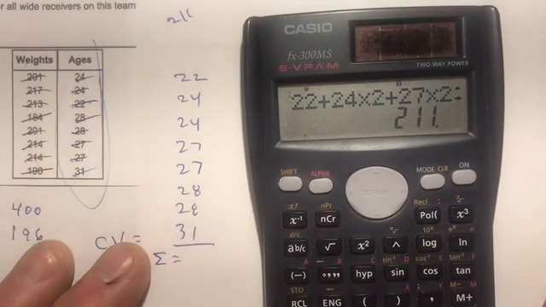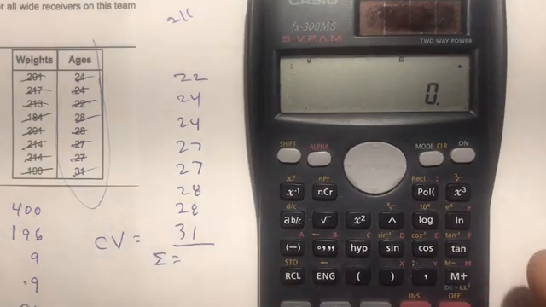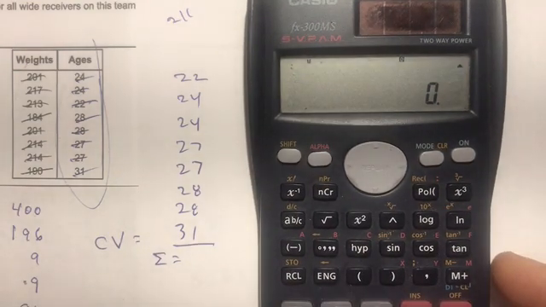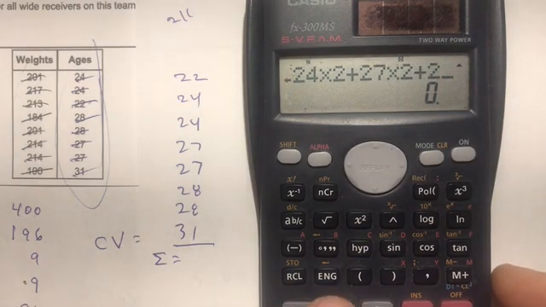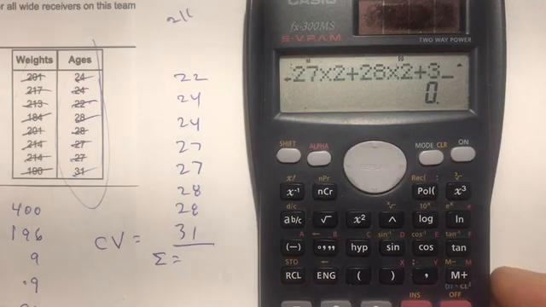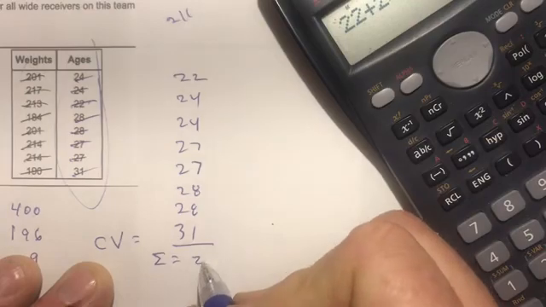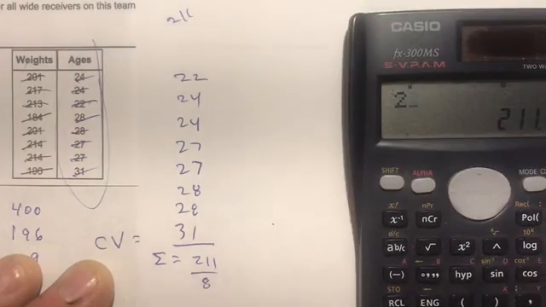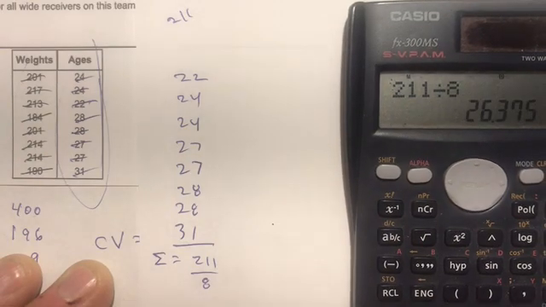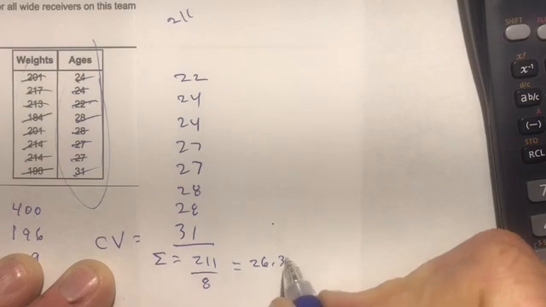We always want to do it twice because we could make a mistake. 22 plus 24 times 2 plus 27 times 2 plus 28 times 2 plus 31. 211 again, so I think I'm good. I'm going to divide by 8 because there's 8 of them. So 211 divided by 8 is 26.375.